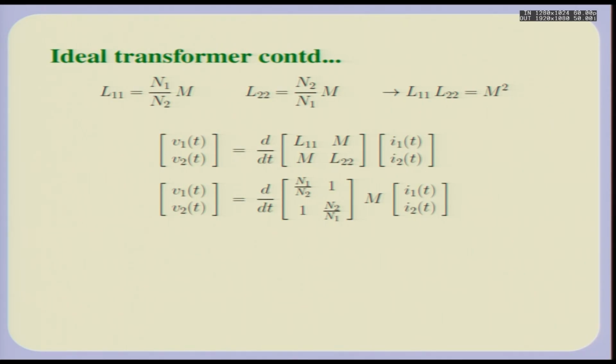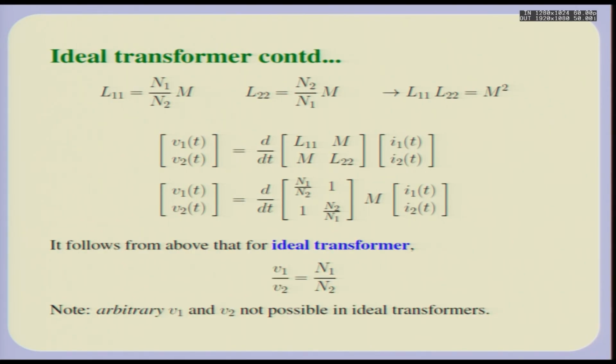This is one important point which you should remember. Also remember that V1 by V2 is equal to N1 by N2 in an ideal transformer. If you give arbitrary values of V1 and V2, this equation will of course not be satisfied.